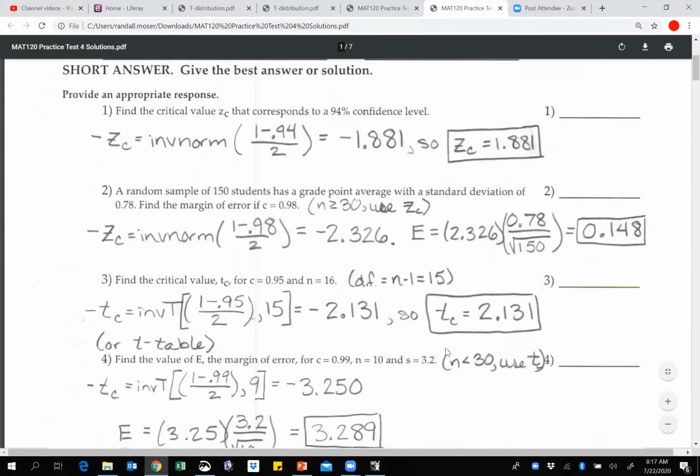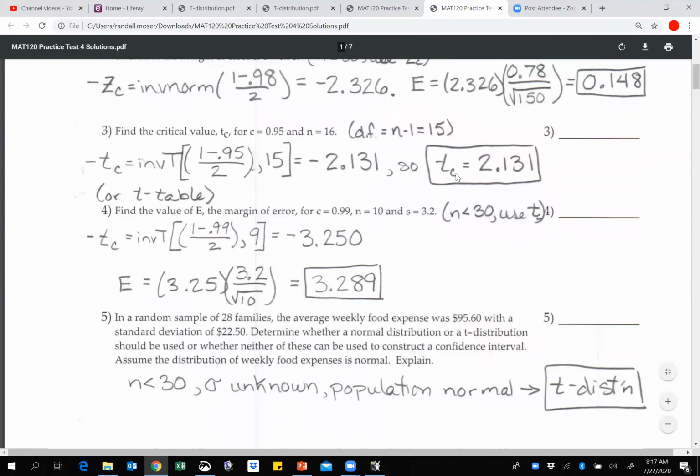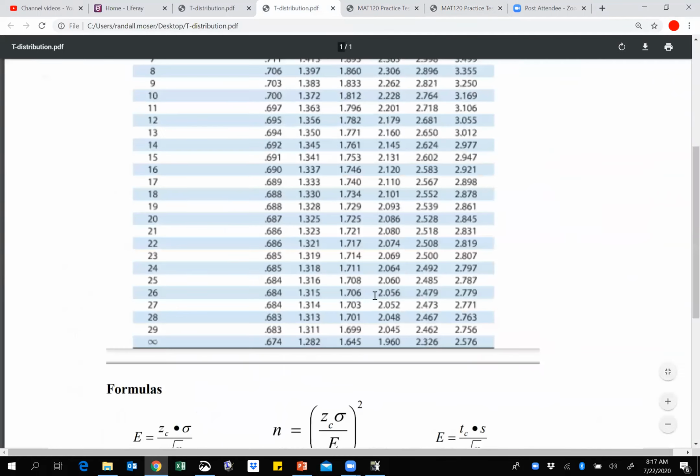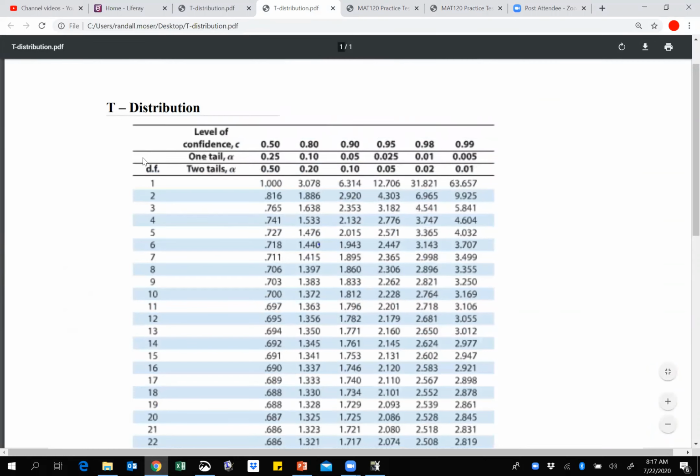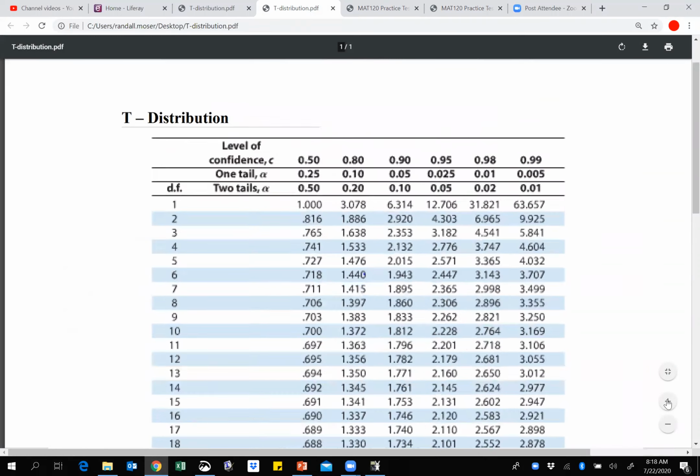For those of you that might be using a TI-83 calculator, it does not have the inverse T, in which case this is where this T distribution sheet is going to come in handy. What you'll do is first go down to your degrees of freedom. For this one, we said that we had 15 degrees of freedom.